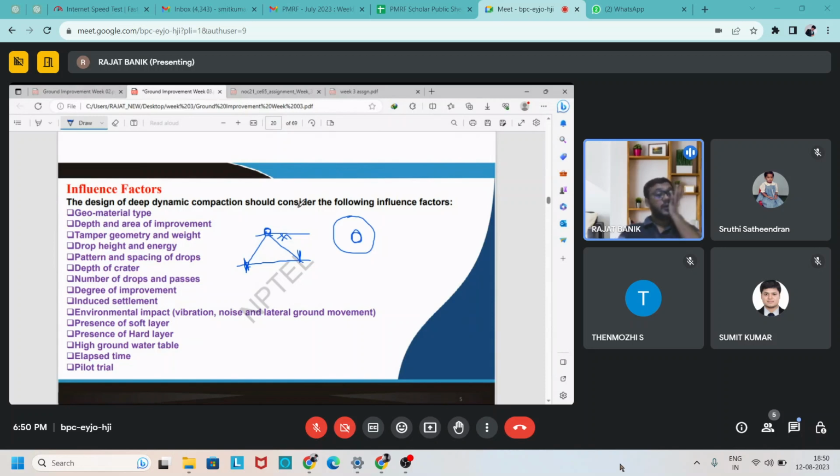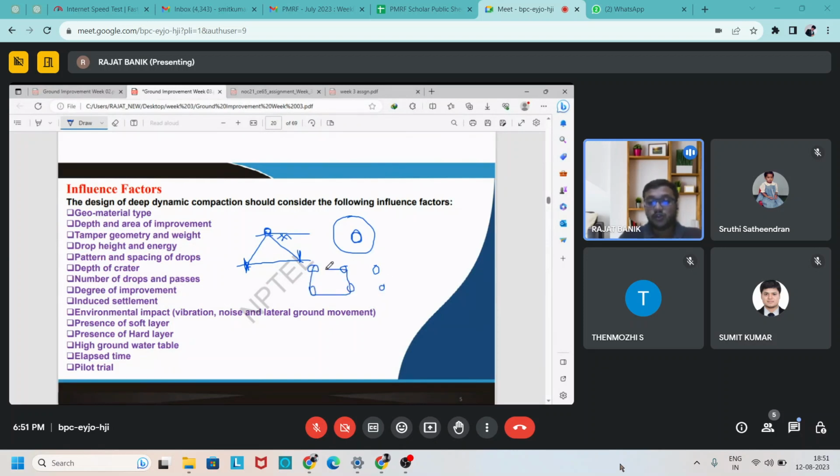Also, it depends on the pattern and spacing of the drops. Pattern and spacing means either it is square or triangular in nature, whichever is more suitable for the plan area. If it is square in nature, like that, here, here, here, or here, we can temper or drop our heavy weight.